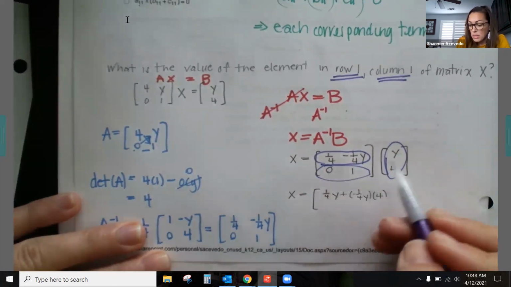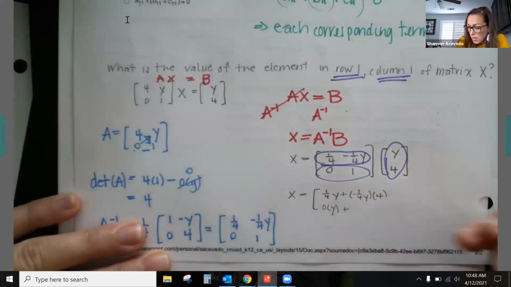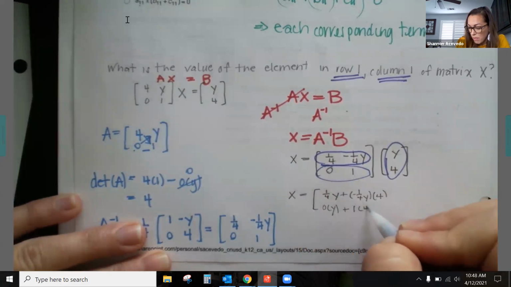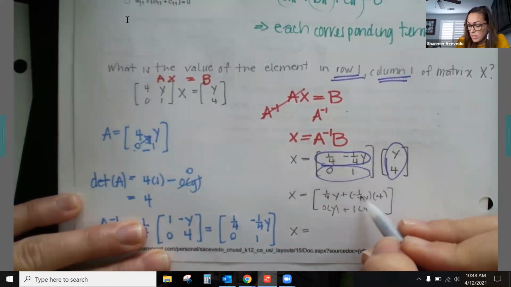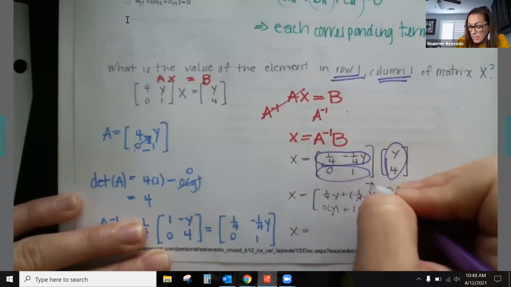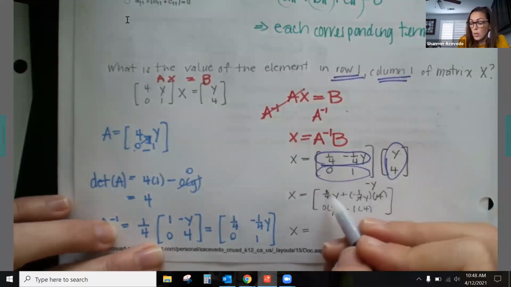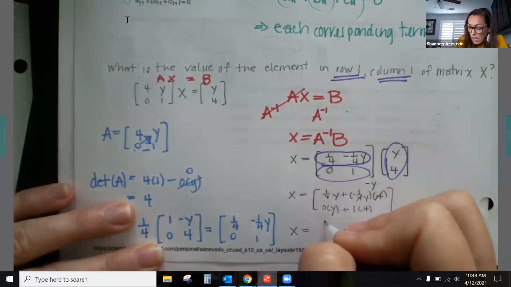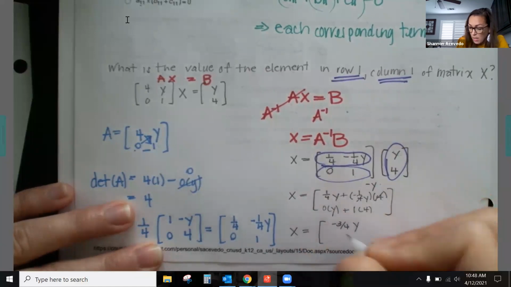My second one's going to be 0 times y plus 1 times 4. So this is going to be 1/4 y times 4, which is just a negative y. So I have 1/4 y minus y. That's just going to give me a negative 3/4 y. This becomes a 0 and 4.